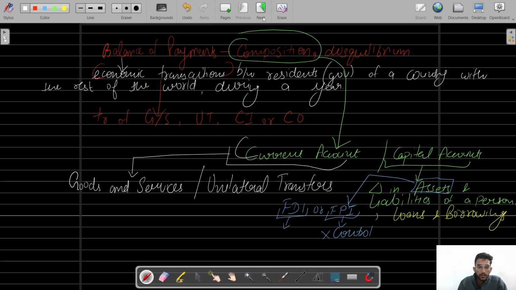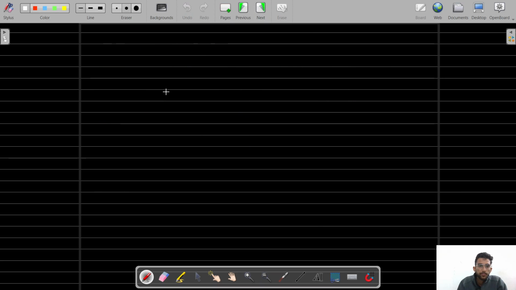Now let us see this on the next page. Goods, services, unilateral transfers.